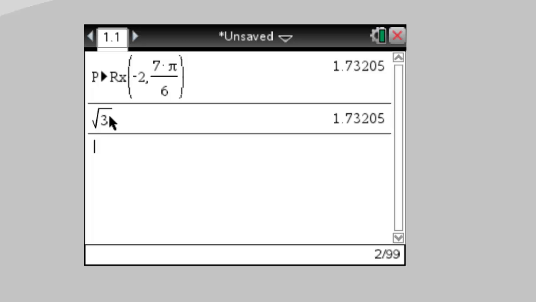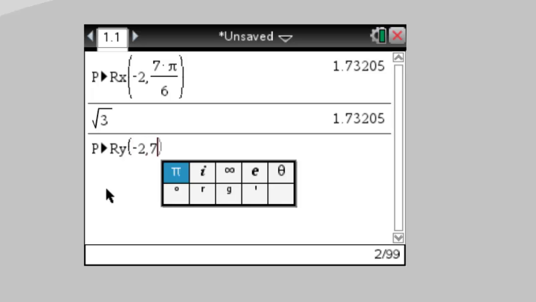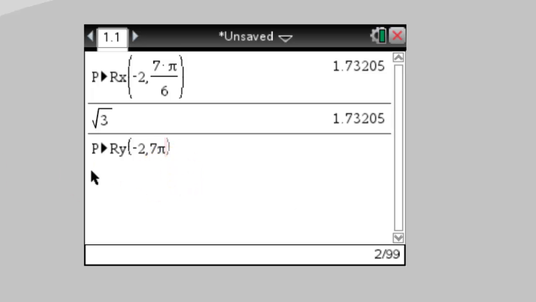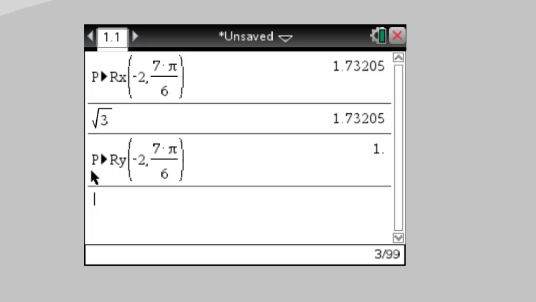So that converted it that direction. Now if I go back to the catalog and I pull up the y coordinates, and again I type in negative 2 comma 7 pi divided by 6, then it gives me 1, which we converted into the y coordinate.